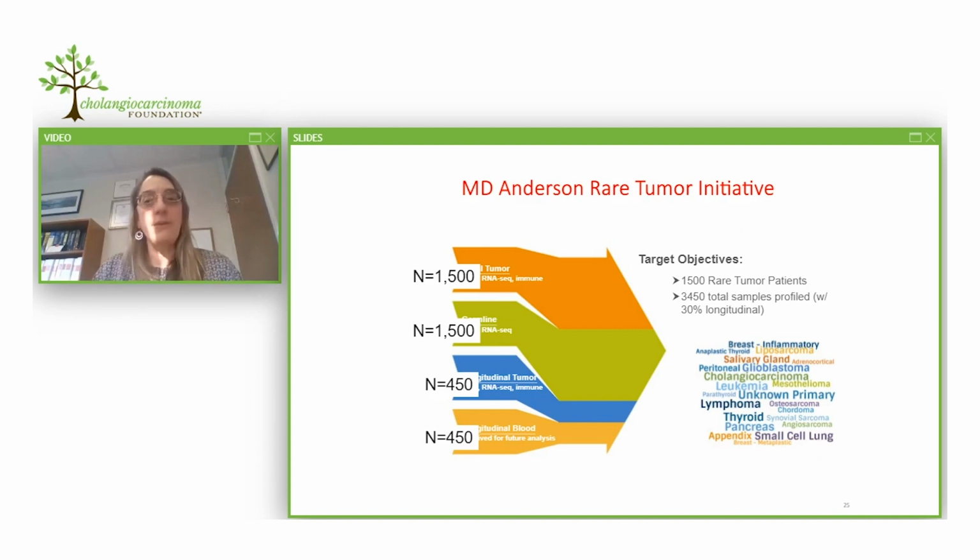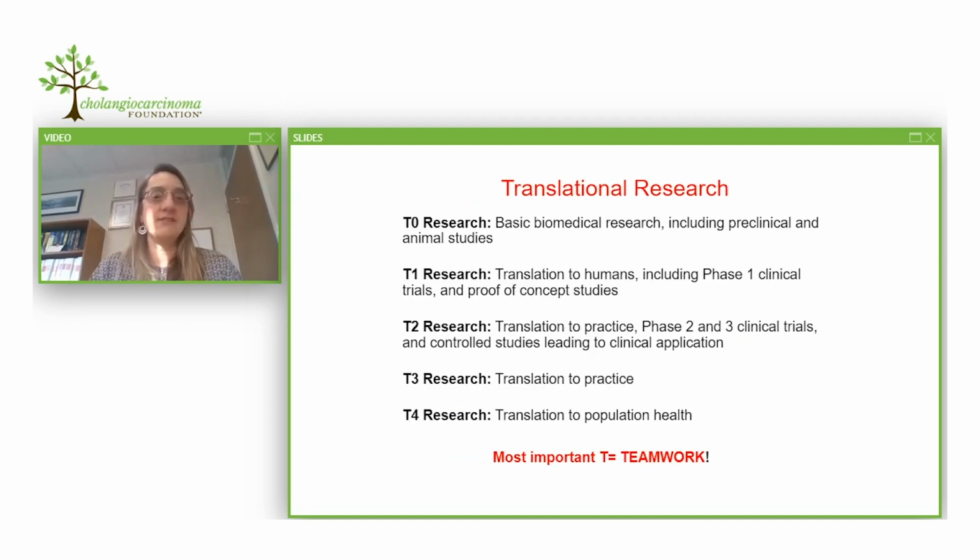And finally, our MD Anderson Rare Tumor Initiative, where we've looked across tumor types, and cholangiocarcinoma was picked as one of the most relevant tumors where we really want to make an impact by doing extensive molecular profiling to create greater insight.